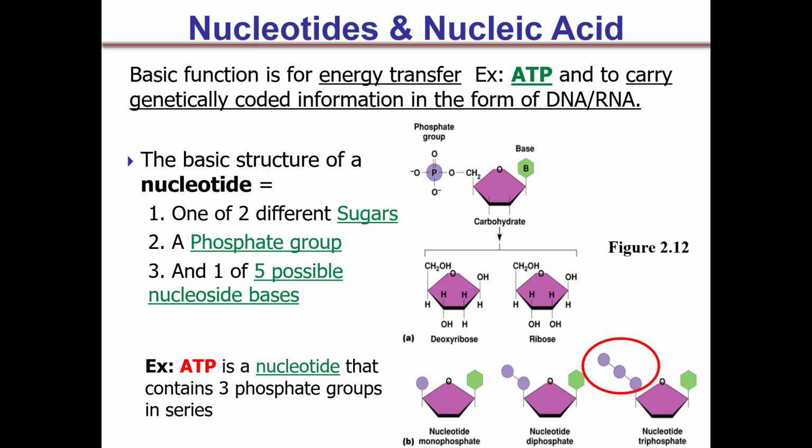A's and T's and G's and C's make up the genetic code for each of us, and we have an individual sequence, which is why we all are a little bit different from each other. So the basic structure is a phosphate group, a sugar, and then one of 4 bases, which are highlighted in green. And this is figure 12 in our chapter.